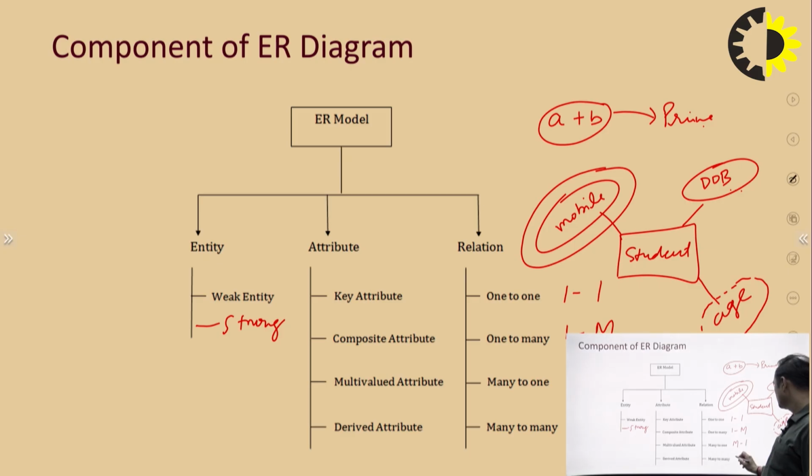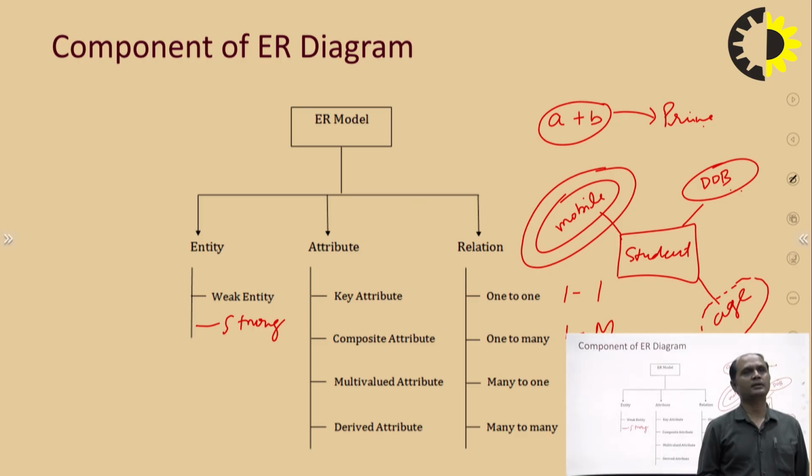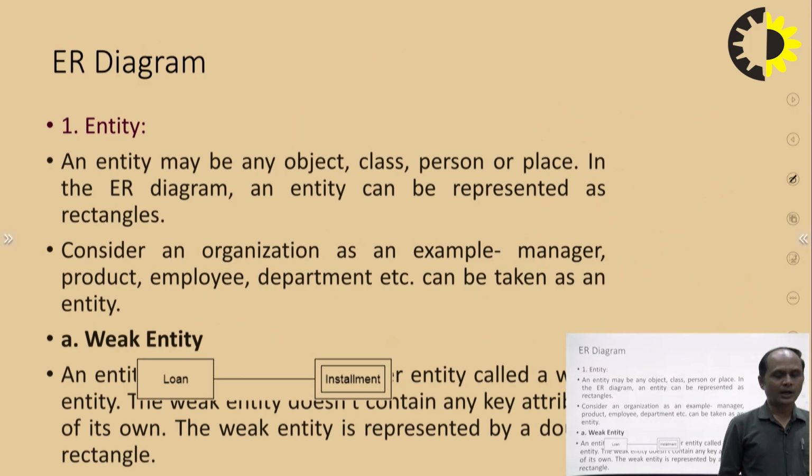These are the relations that can be used in a particular ER diagram. So this is the basics, or components, of an ER diagram that can be drawn in a particular scenario, how it can be defined and how it can be represented in the diagram.